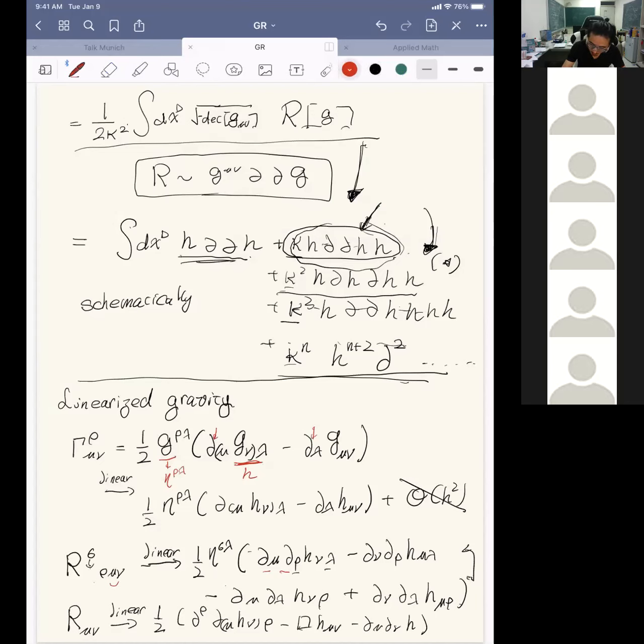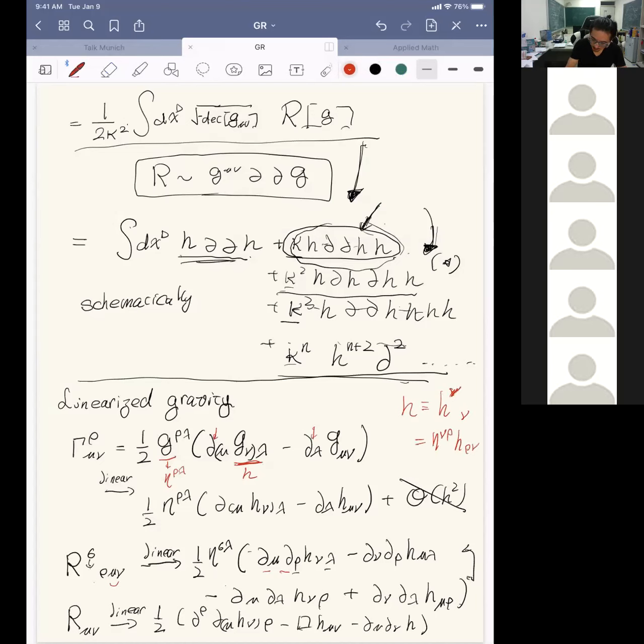Where from now on h is going to be defined as h^ν_ν. So it's a trace. This is just equal to η^{νρ} h_{ρν}.